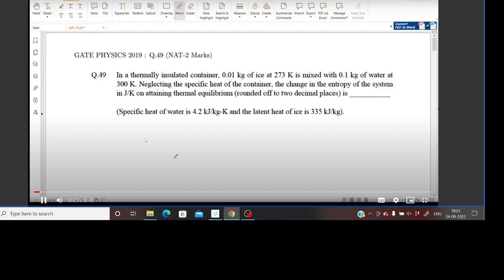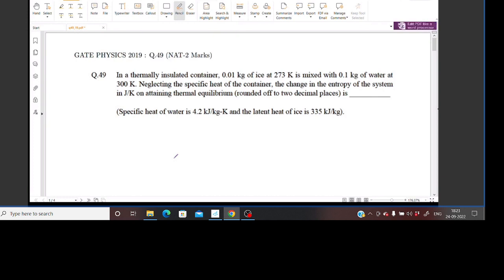Hello everyone. In this video, I shall discuss the solution of question number 49 of GATE Physics 2019. This is a numerical answer type question. In a thermally insulated container, 0.01 kg of ice at 273 Kelvin is mixed with 0.1 kg of water at 300 Kelvin.